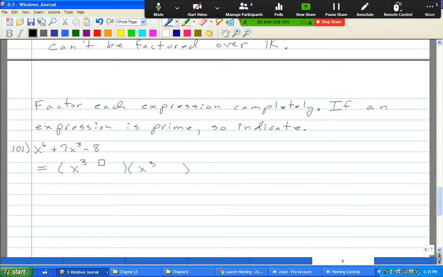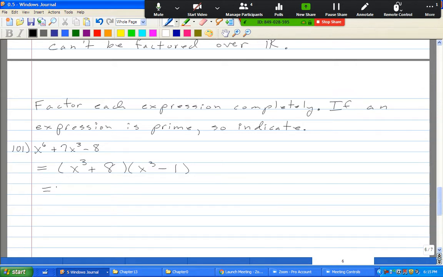So let's bring down the plus, times minus is minus. I want two whole numbers whose product is 8 and whose difference is 7. So 8 and 1.